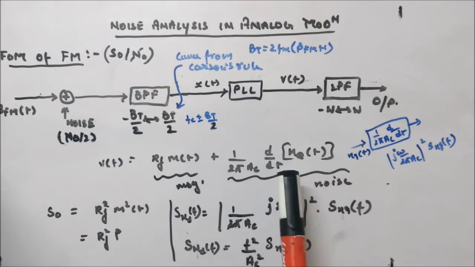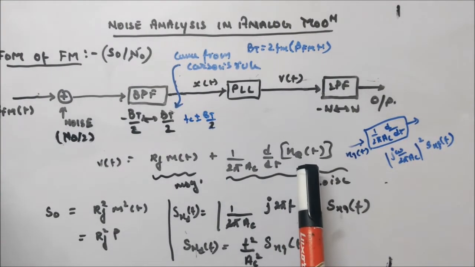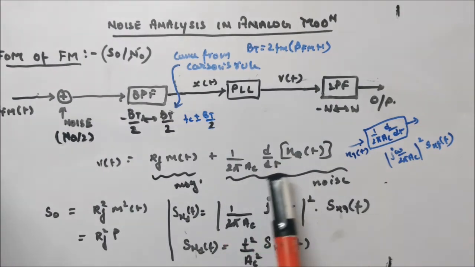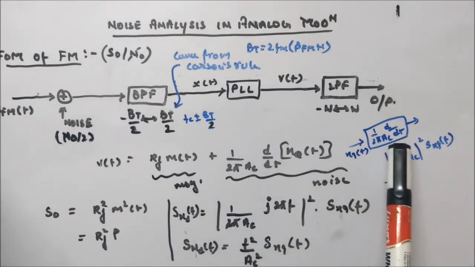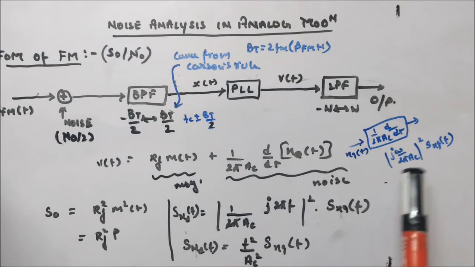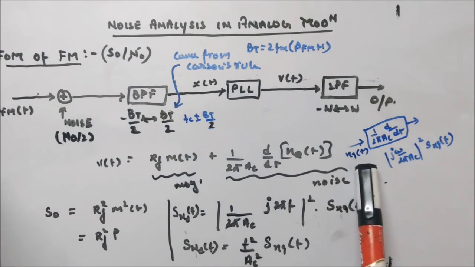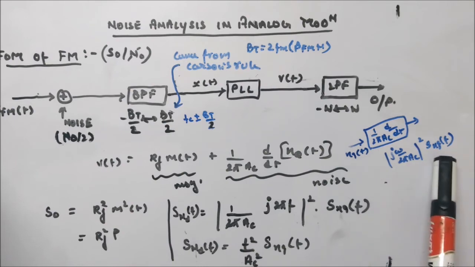If you look closely, it is like n_Q(t) is passing through a filter with response 1 by 2 pi AC d by dt, and at the output what you will get is the Fourier transform of this term mod square into the power spectral density of n_Q(t).